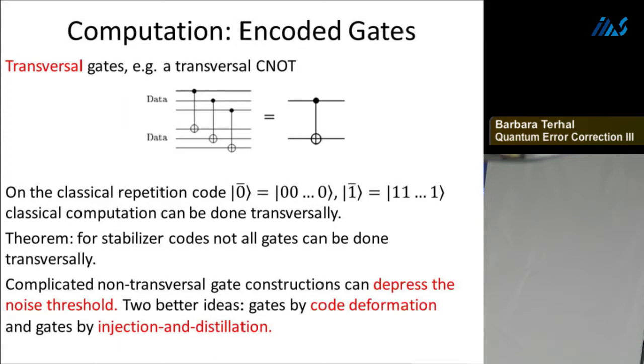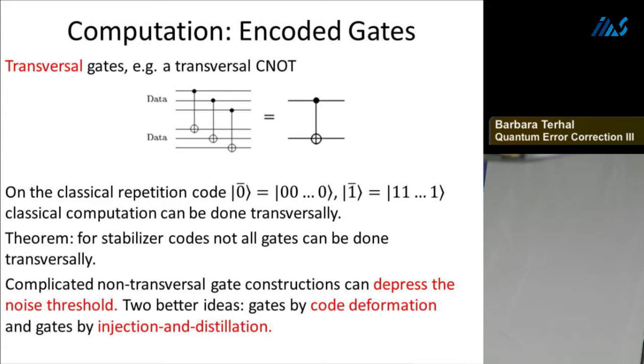Yeah. The idea of code deformation, which we'll see in the surface code, is very nice, and I think can be further explored actually. So the idea there is that you encode your qubits in some stabilizer code S, and by doing some operations, maybe unitary operations, maybe some measurements, you map that code onto a code S prime, which is slightly related to it. And then you do further steps that map it onto code S double prime.